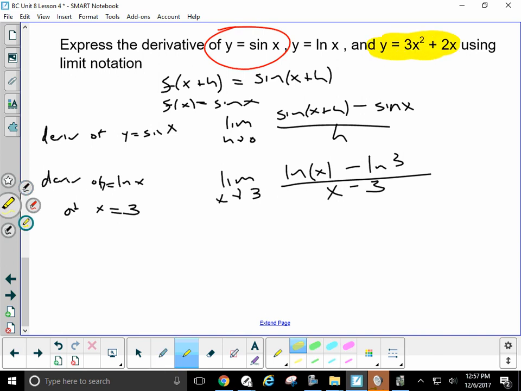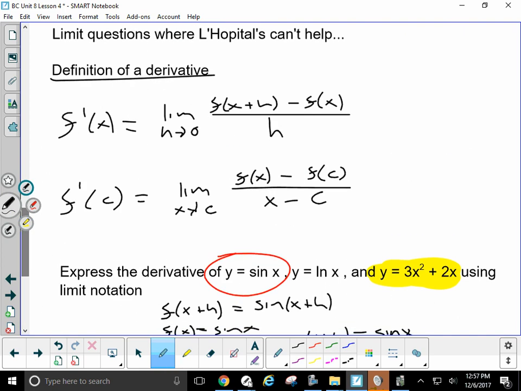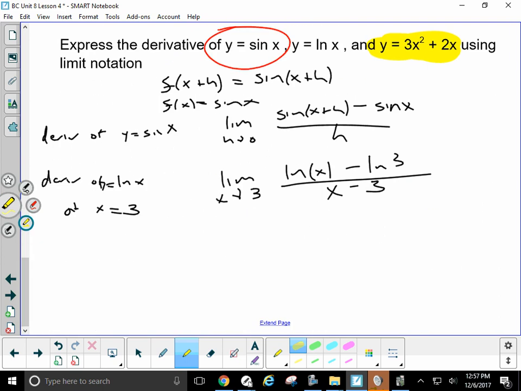Now, the only problem is this one. I've seen students not understand how to express the derivative of this one. Let's use this form here to express the derivative of 3x squared plus 2x. Okay, now here's the important thing.